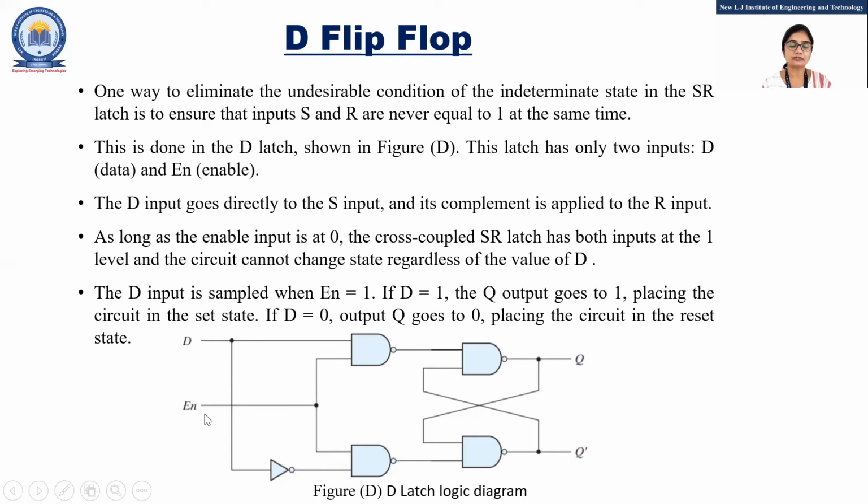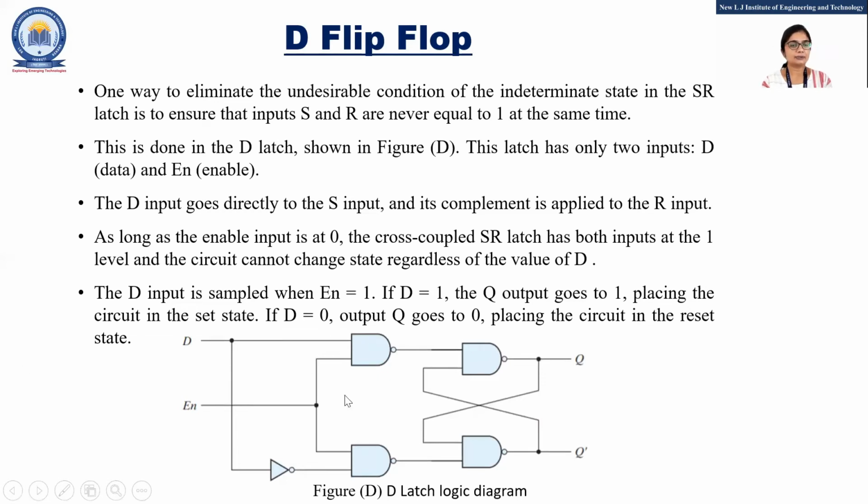As we discussed in the first lecture of the sequential circuit, a latch works with the level trigger of the clock pulse, and a flip-flop works with the edge trigger of the clock pulse. So this is simple. Either this enable input is 0 or 1. This is the level trigger of the clock pulse. You can write clock pulse here also, CLK also. This is similar to this enable in the latch.